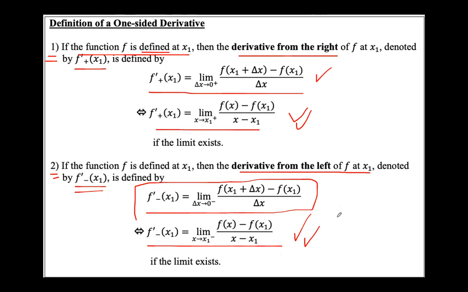When the derivatives from both the left and right of f at x1 exist, then we could say that the function f is differentiable. Again, if the derivatives of both sides exist and at the same time they are equal, then the function f is differentiable.